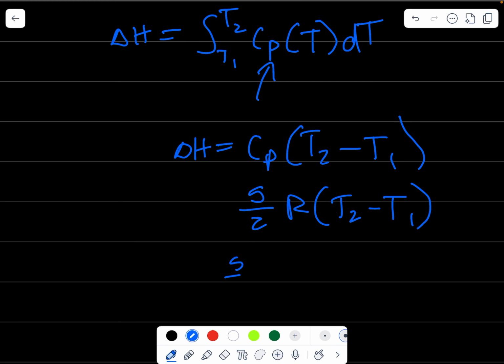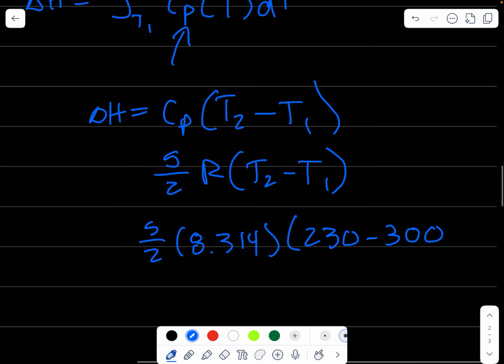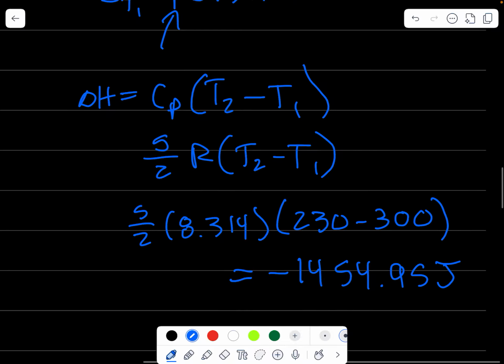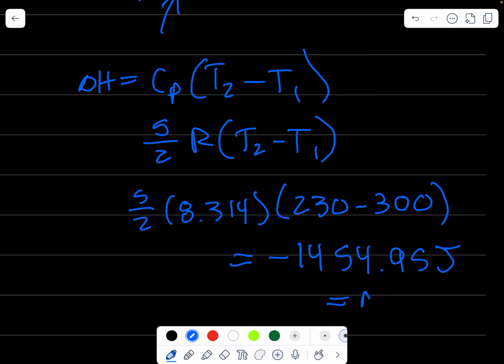So this is going to be 5 over 2 times 8.314 times 230 minus 300. And the value that this spits out is going to be minus 1454.95 joules. And this is going to equal your enthalpy value.